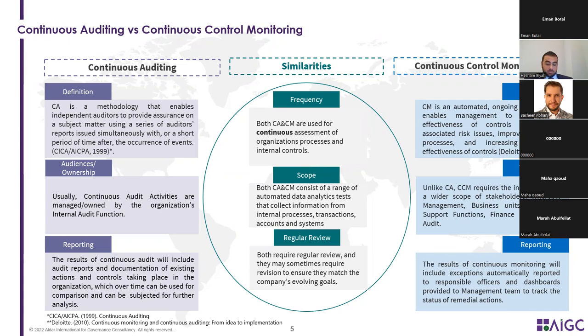If this repeatable analytics falls within the audit scope, then we can call it continuous auditing. But when the repeatable analytics occur as a feedback mechanism as part of management responsibilities, for example, finance being involved to check exceptions or duplicate payments, then we can call it continuous monitoring.